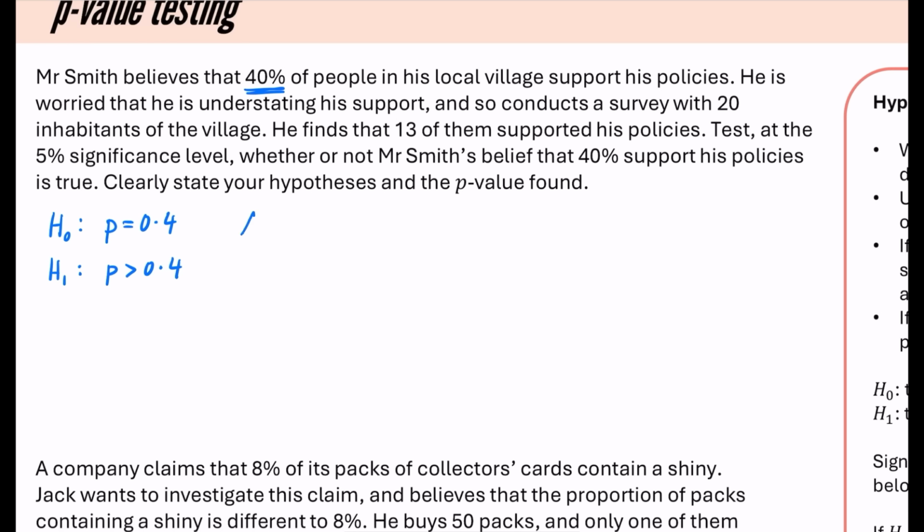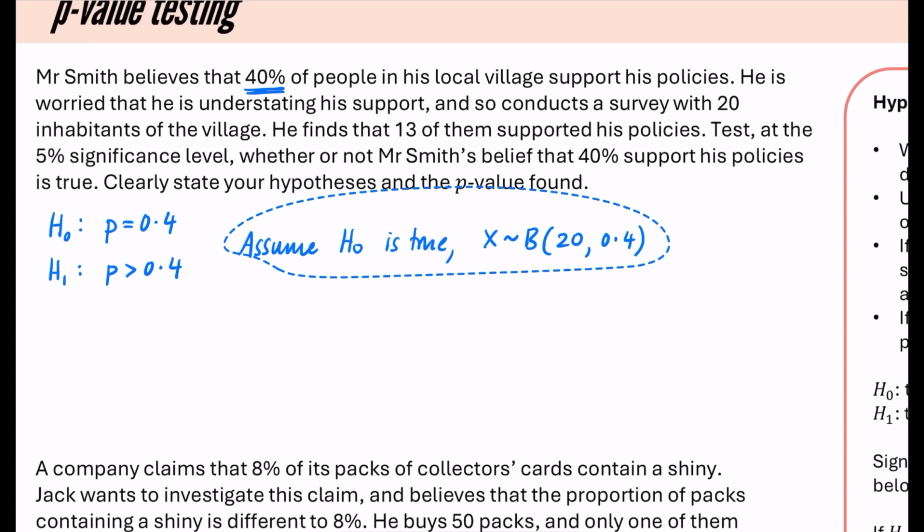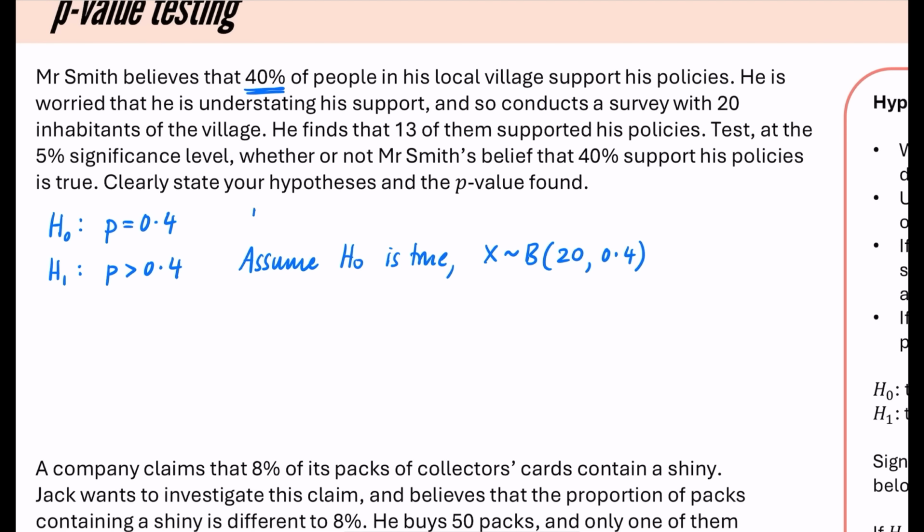Okay, what I'm going to write down, you don't have to write this down, but I always like to do this. I am going to assume that H0 is true. In other words, we are now saying that X has a binomial distribution where he's asking 20 people in the village, and the probability that we've assumed to be true is 0.4. I'm probably going to do a little line before this, again, you don't need to write this to get the mark.